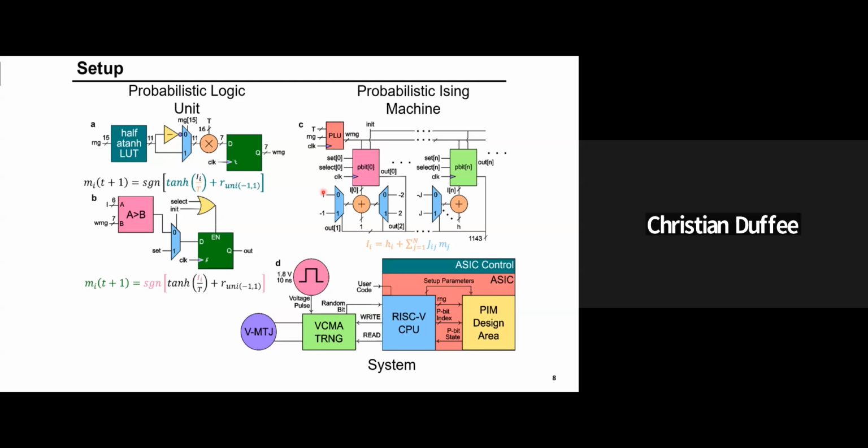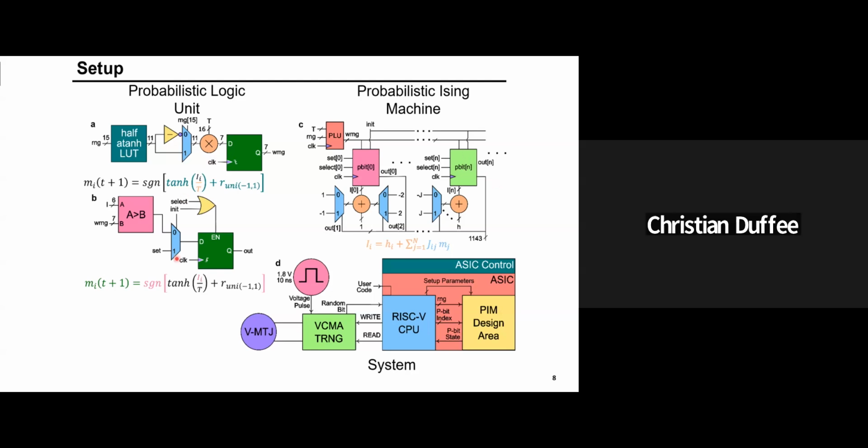Our probabilistic Ising machine is composed of what we are calling the probabilistic logic unit, and then a number of p-bits. The probabilistic logic unit takes a bit stream, we use 16 random bits, and converts what is essentially a uniform random number into the sigmoidal distribution we need for probabilistic computing.